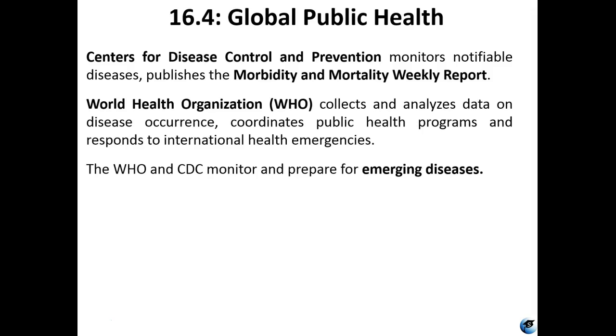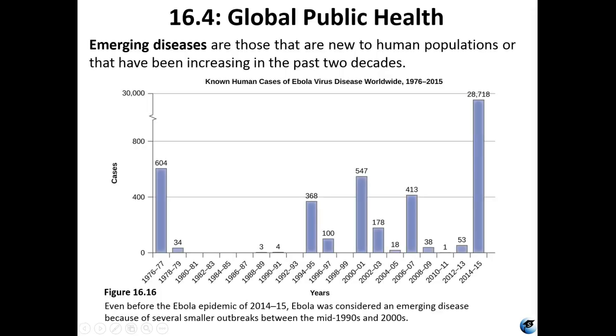The World Health Organization, WHO, is an agency that collects and analyzes data on disease occurrence and coordinates public health programs in response to international health emergencies. The WHO and the CDC monitor and prepare for emerging diseases. Emerging diseases are ones that are new to human populations or have been increasing recently. So they are upcoming epidemics of a disease.